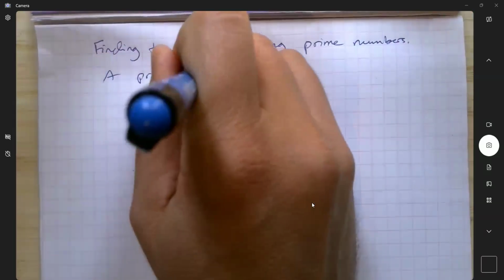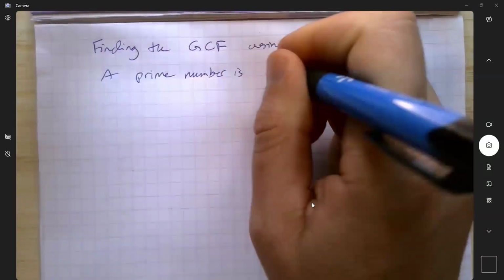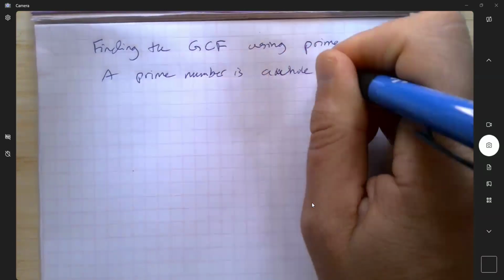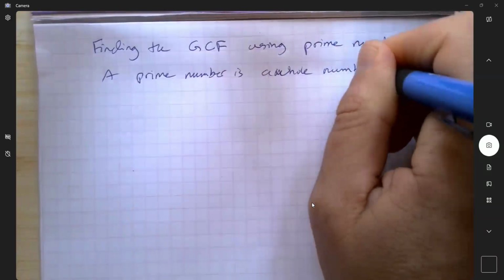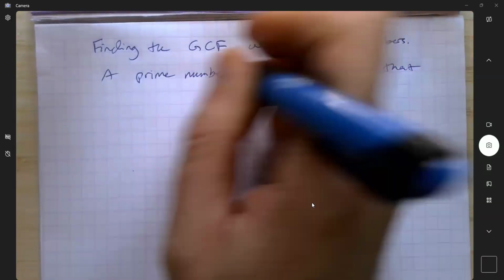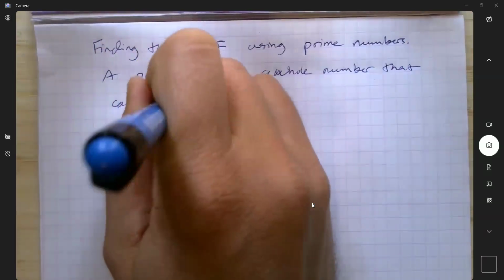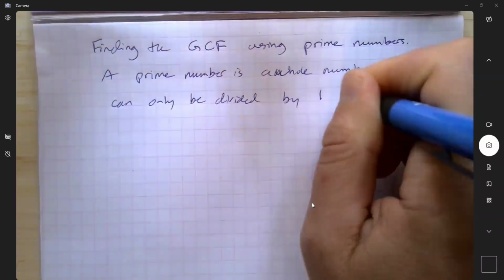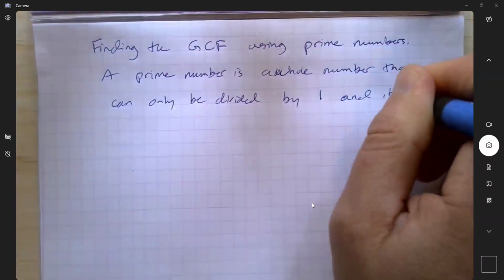A prime number is a whole number that can only be divided by 1 and itself.